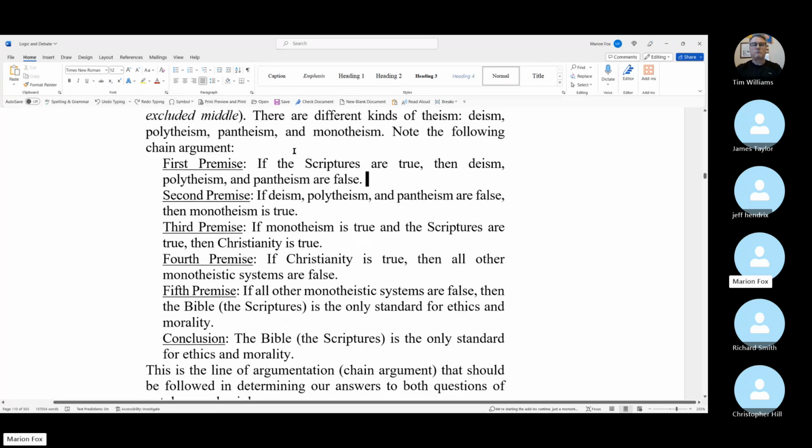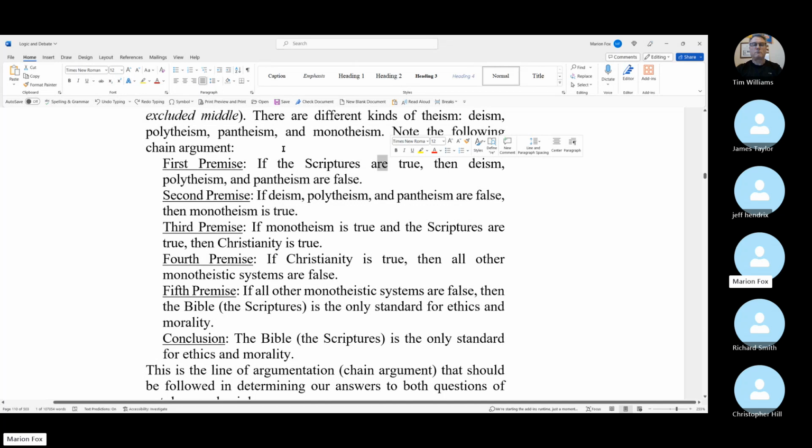So these are enthymemes, in which we are leaving part of these arguments out. If deism, polytheism, and pantheism are false, and monotheism is true, okay, we've already taken the position that the scriptures are true. So there's some kind of theism or belief in God because of the scriptures.